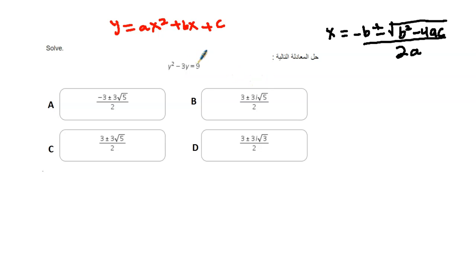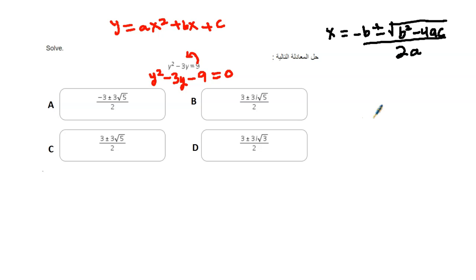So here we have to bring the 9 over. To make it standard, it has to be y squared minus 3y minus 9 equals 0. This is the first thing that you have to do so that you can get your a, b, c.